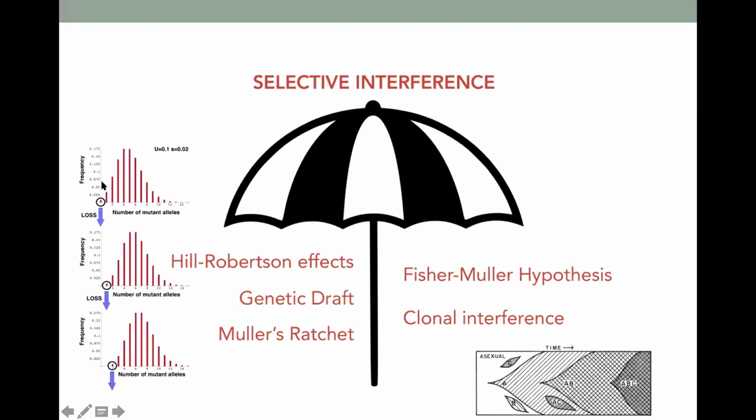But in terms of the selective interference discussion that I've been having, what this amounts to is the loss of the best class and an overabundance of good alleles on bad genetic background, just like the other examples of selective interference. So again, drift in the presence of selection tends to lose the best class, or the best class becomes less abundant.